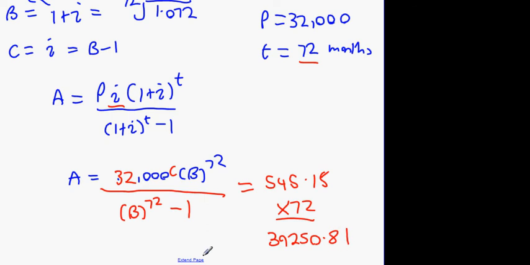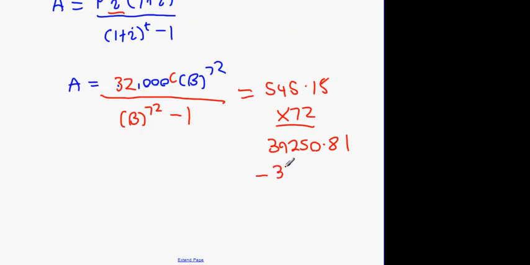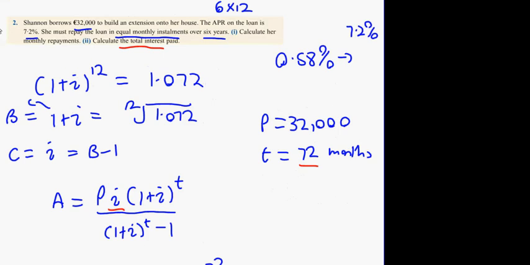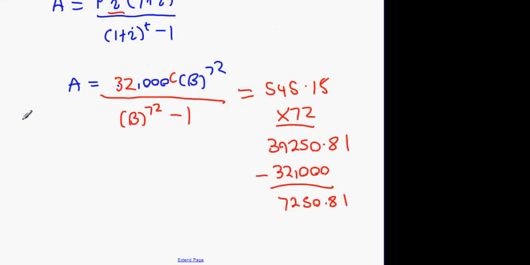This was for a loan of 32,000, so take away 32,000, and what we get is 7,250.81. Now, total interest paid, that's your amount.